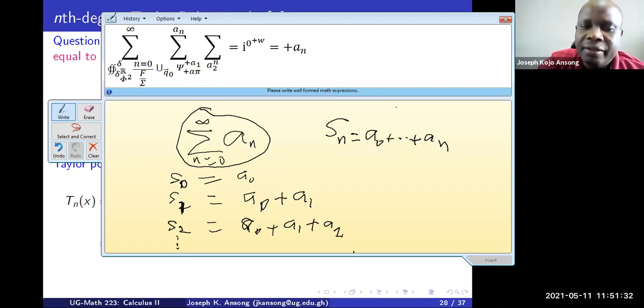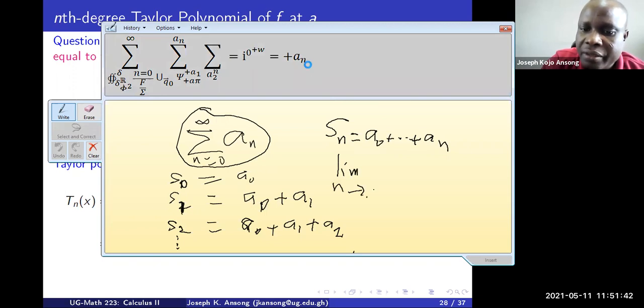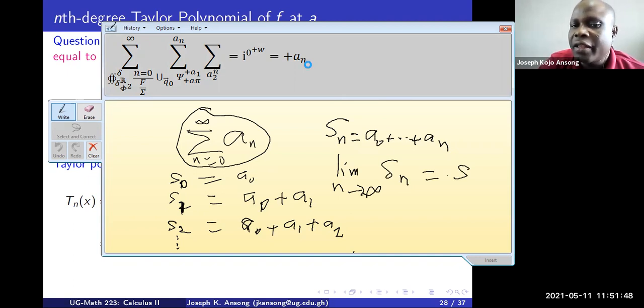We said that what we mean by the infinite series actually converging is if I find the limit as n goes to infinity of this partial sum, if this thing exists as some number s, then I can conclude that this infinite sum actually converges.